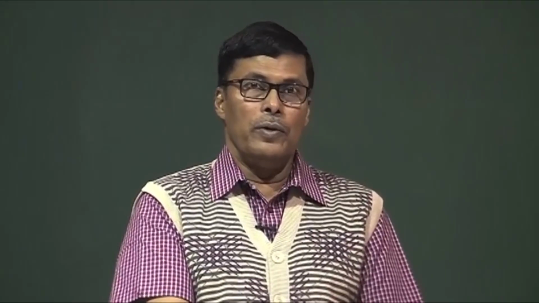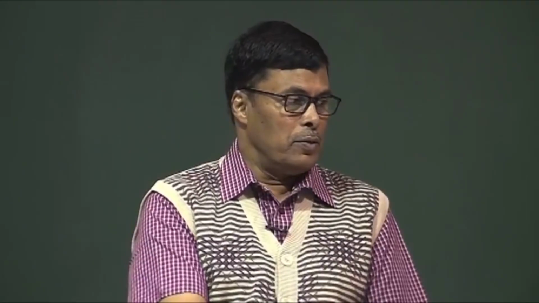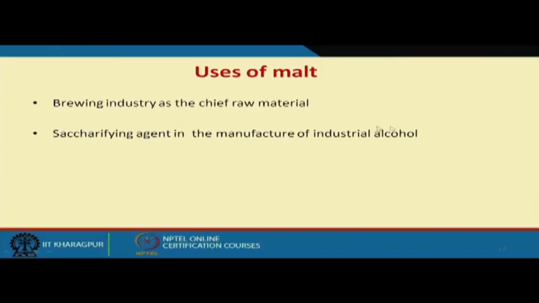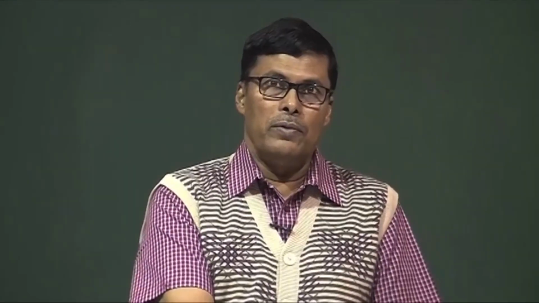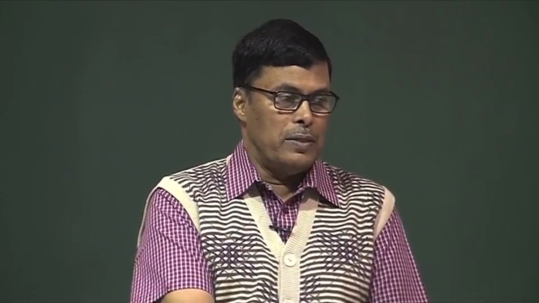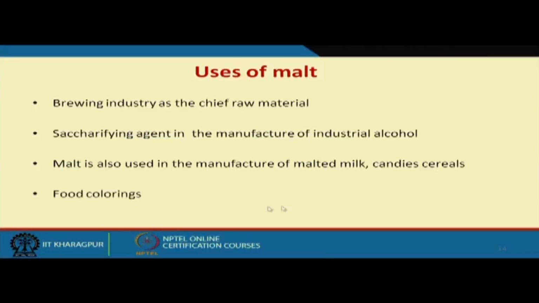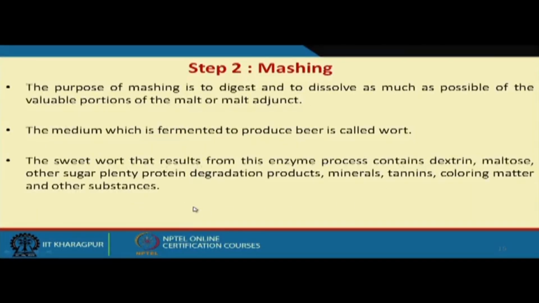So there we can use this hydrolytic enzyme for the hydrolysis of the starchy material. So as a saccharification agent in the manufacture of industrial alcohol, it is largely used. Malt is used in the manufacture of malted milk. I told you that malted food is usually recommended for school children and for patients, as well as in candies, cereals. Then as food coloring, it is largely used.